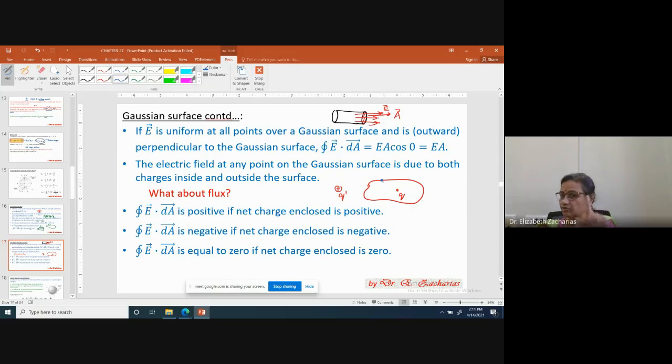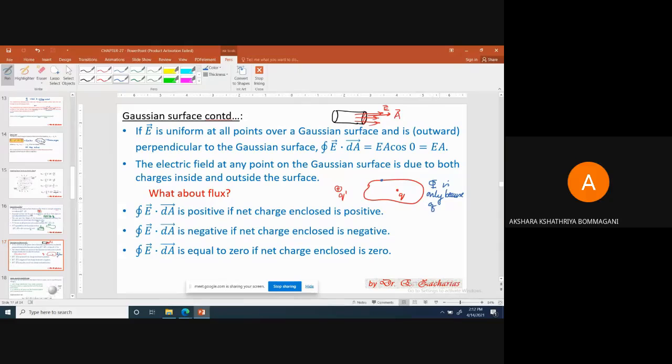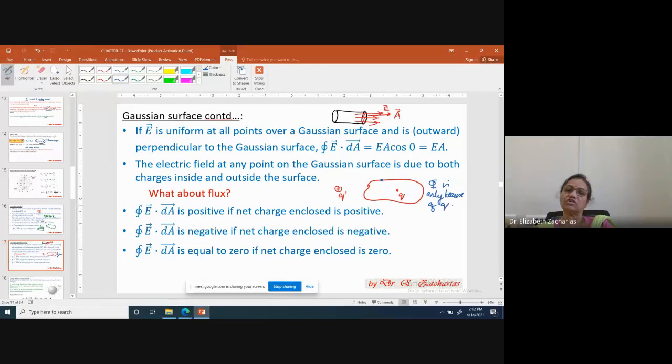Electric field will be because of both the charges inside and outside. But the flux will be only because of which charge? Enclosed in the cell. Enclosed charge. It will not be because of Q prime.